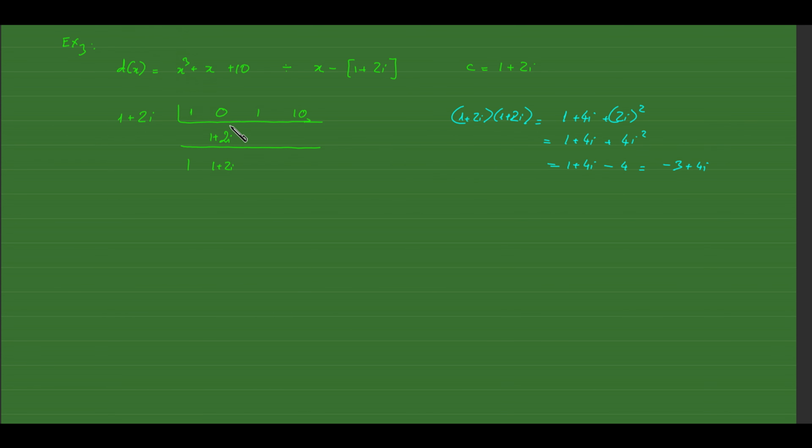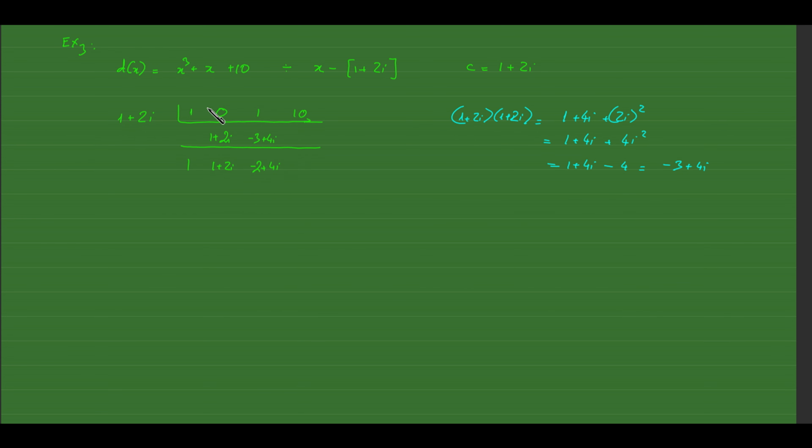You do it the same way, but you just have to do a little bit more work because it's a complex number. Add them up, and it will give you negative 2 plus 4i.